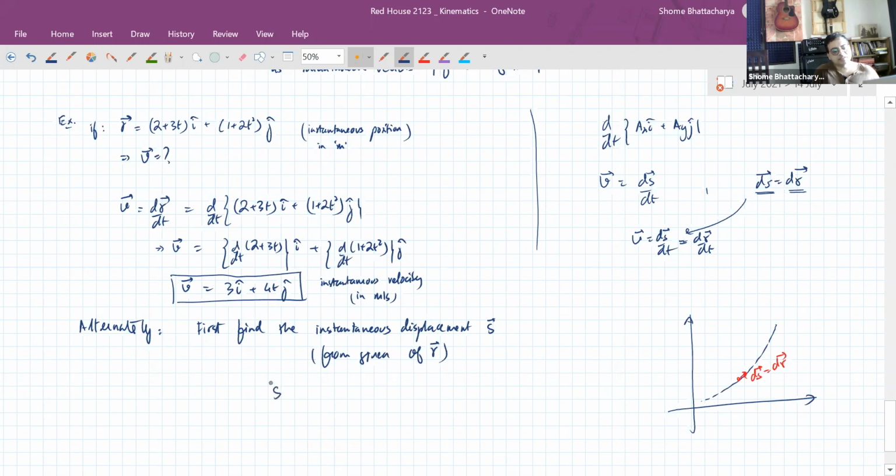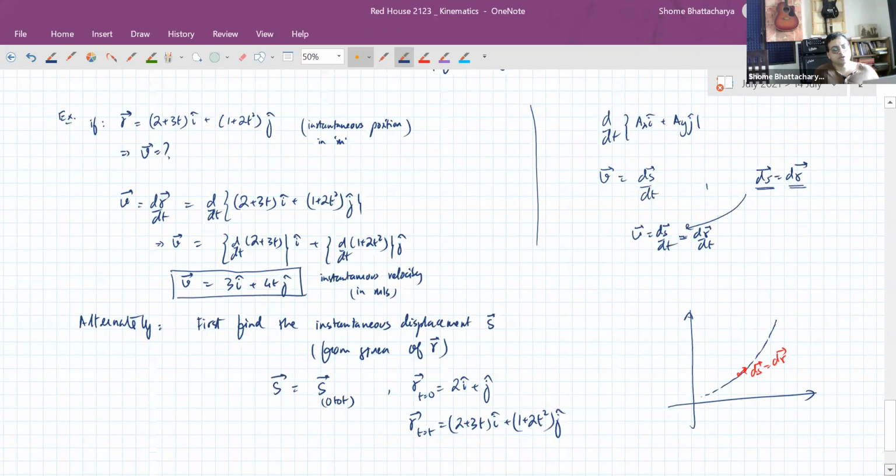So instantaneous displacement s will be basically the displacement from 0 to time t. Okay. So position at t equal to 0 is how much? From above you can just substitute. So it is 2 i cap plus j cap, and position at a general time t is how much? It is 2 plus 3t i cap plus 1 plus 2t square j cap.